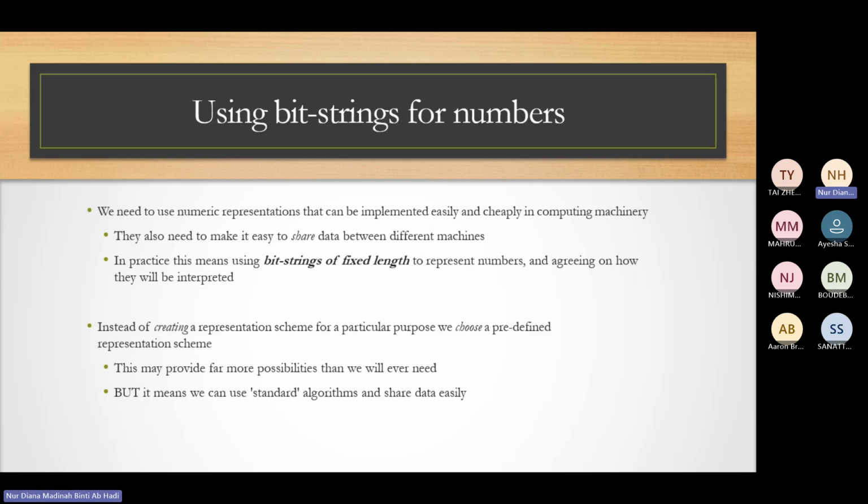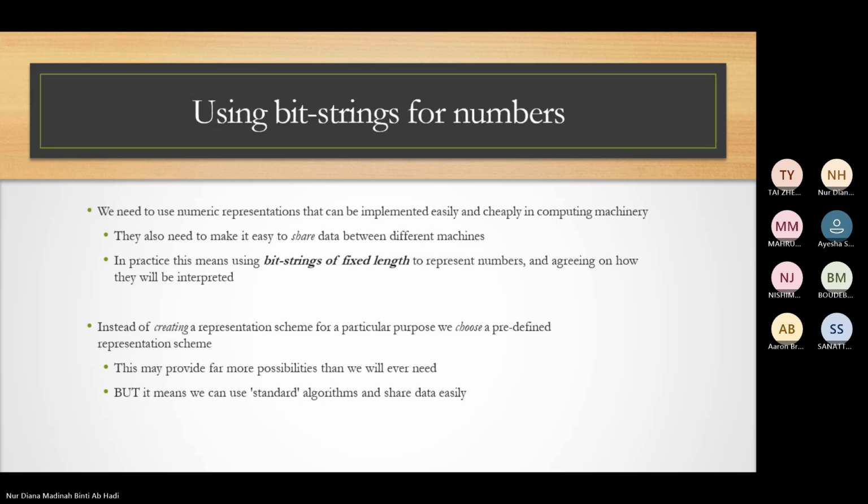In practice, this means using bit strings of fixed length to represent your numbers and agreeing on how they are interpreted. Instead of creating a representation scheme for a particular purpose, we choose a predefined representation scheme. It means that we can use a standard algorithm and share the data easily.